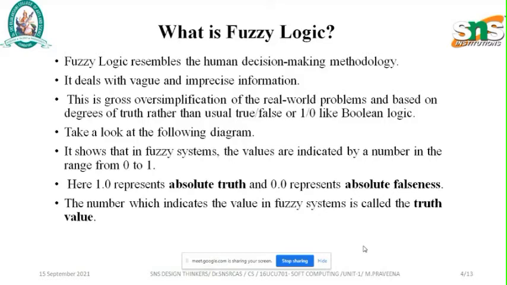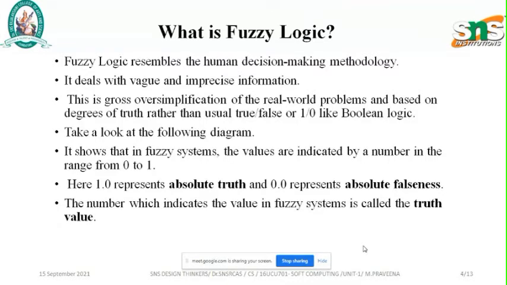So similarly, this fuzzy logic also resembles human decision making methodology. It deals with vague and imprecise information. Vague means not clear, we cannot define it clearly. Likewise, imprecise means the answer is not accurate.